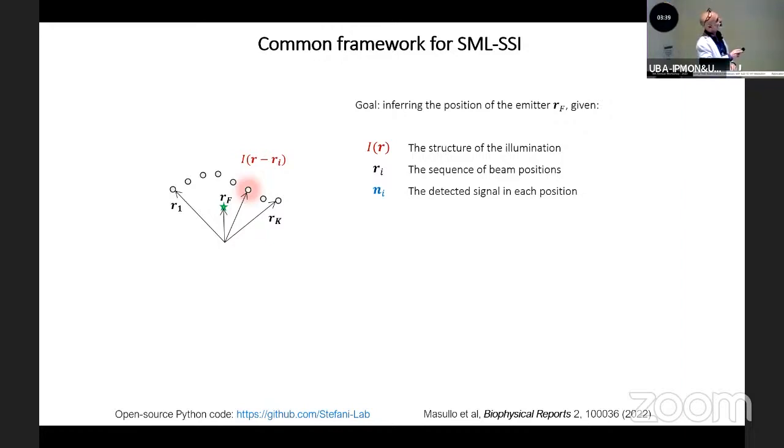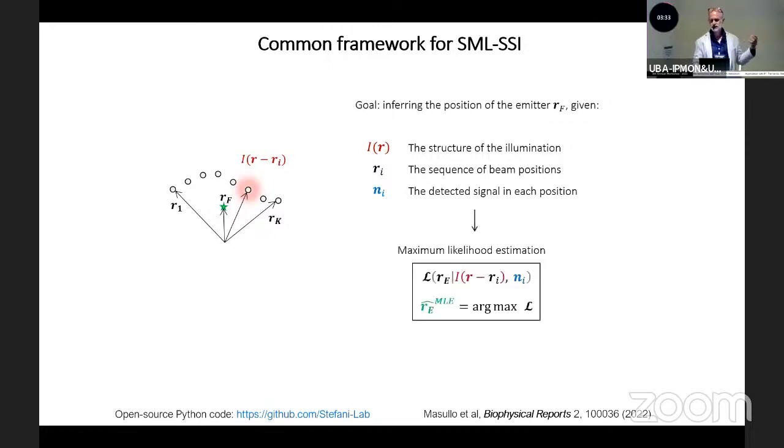I_R, r_k, and n_k, the detected fluorescence at each point. So with these three elements, the problem is to infer the position of a molecule in the vicinity of this trajectory. And we did that with maximum likelihood estimation, just to use the same estimation for all possibilities, because in the literature, people did it in many different ways.